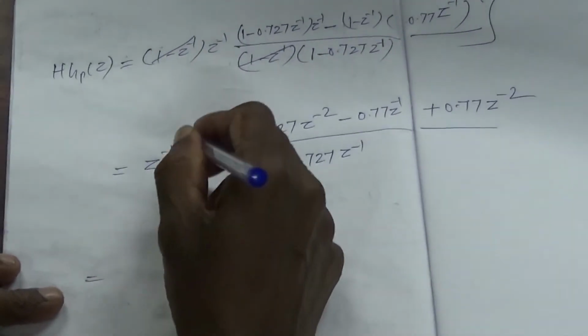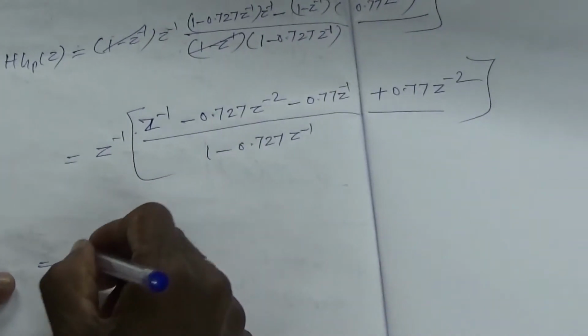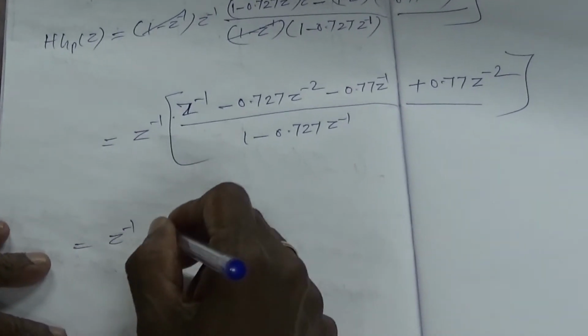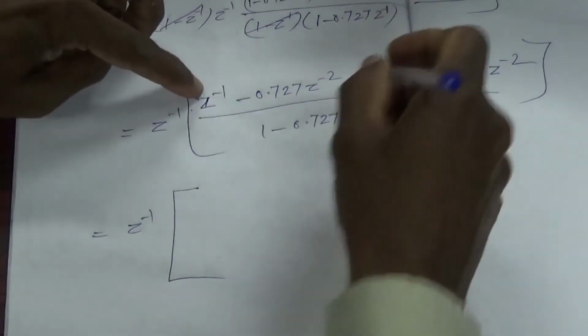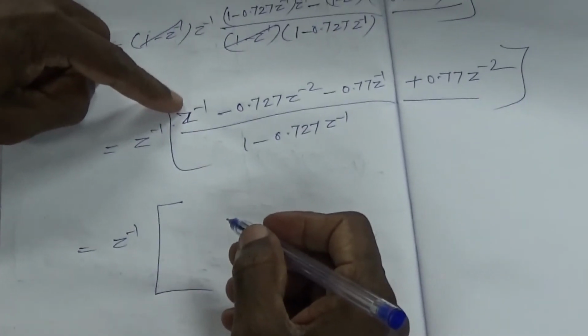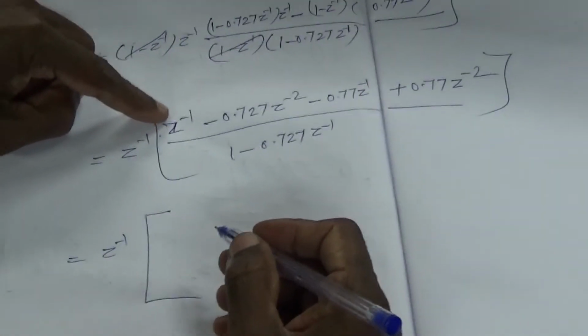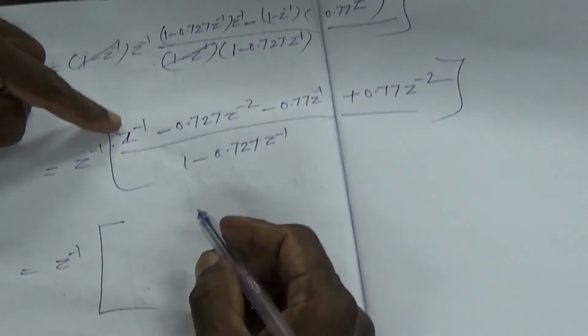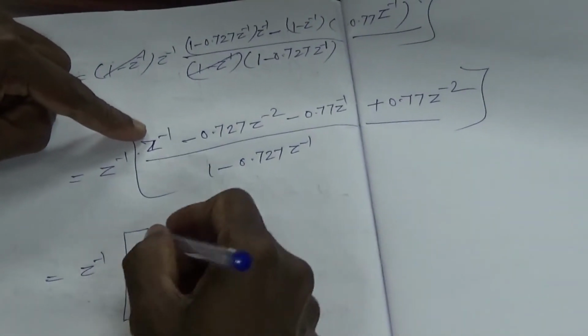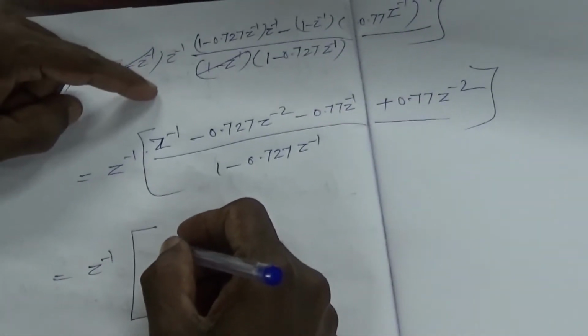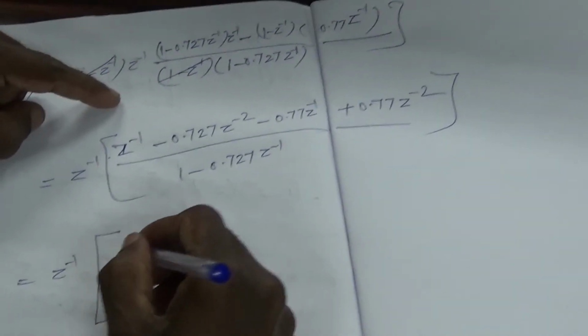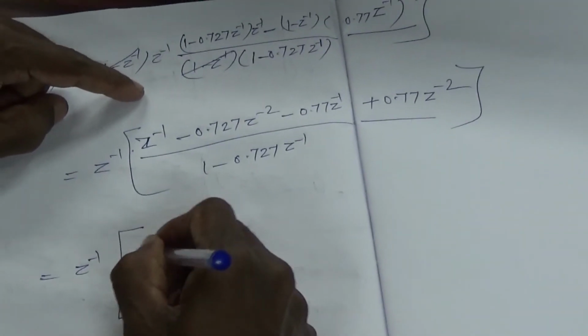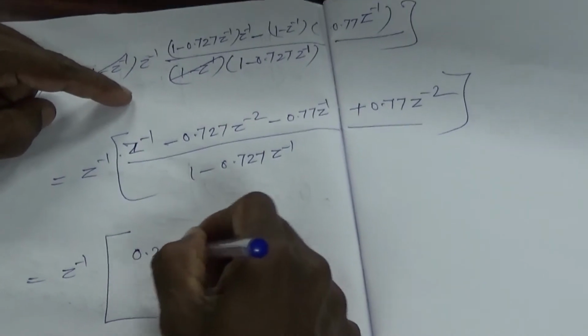So z power minus 1 times (1 minus 0.77), that is 0.23 z power minus 1.